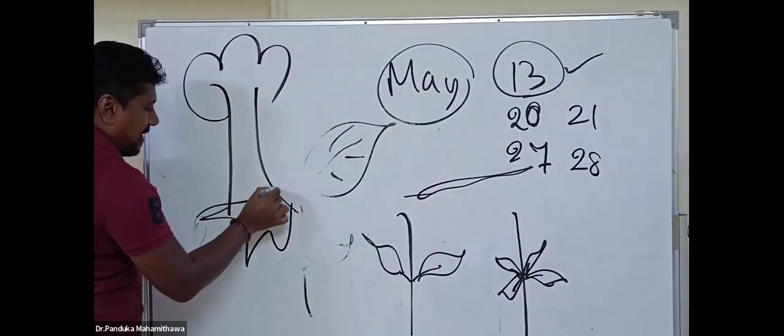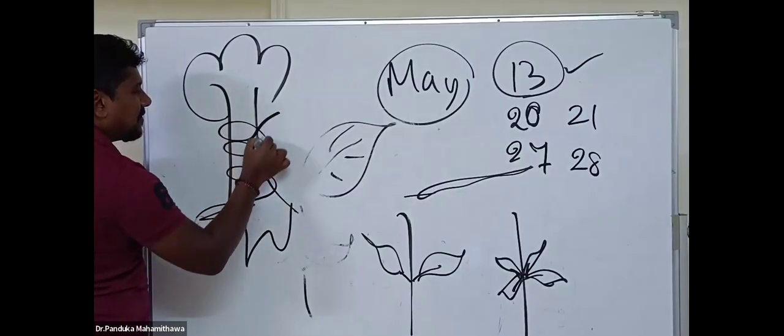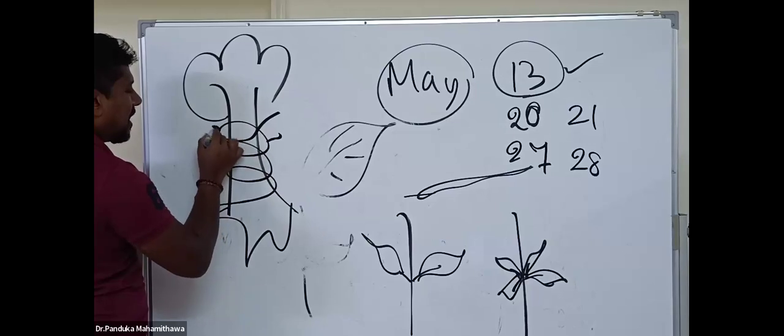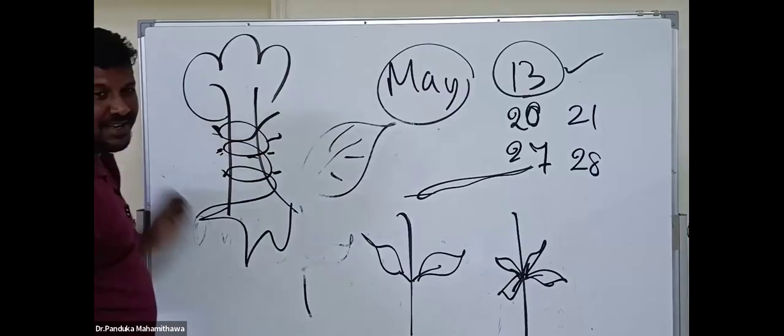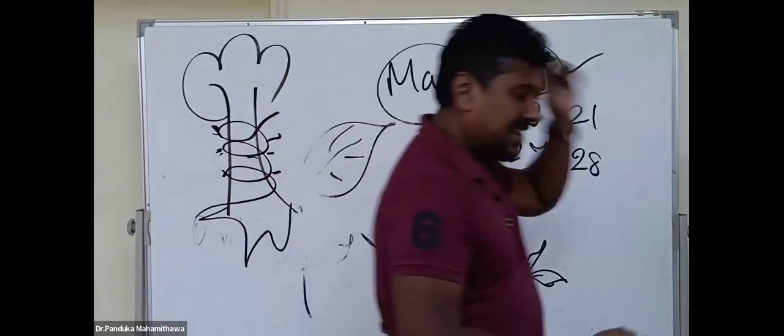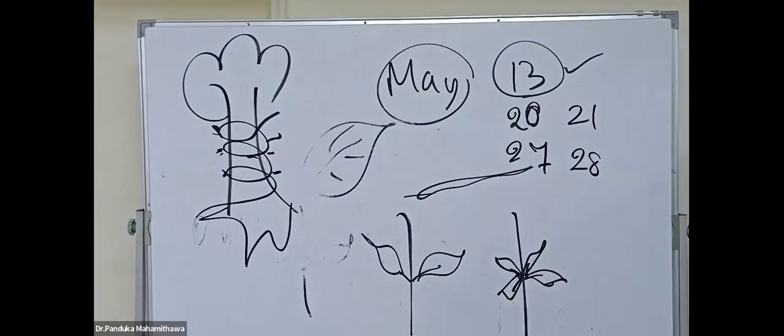And there are some very flexible vines which grow surrounding the plants, and their leaves are there. These are called vines.